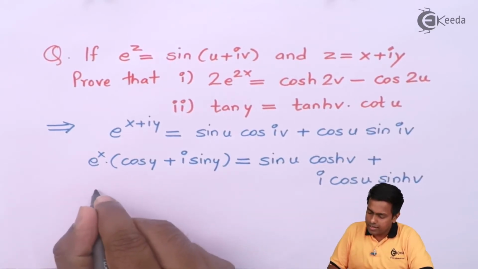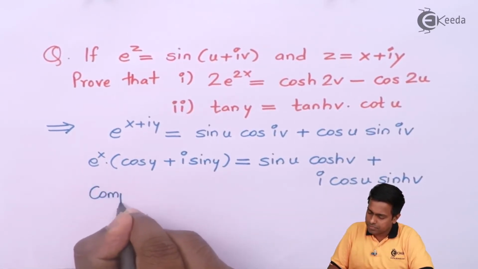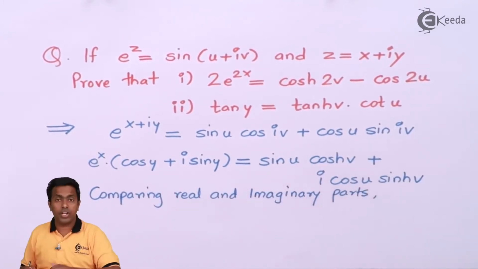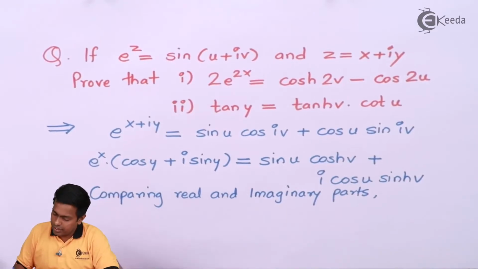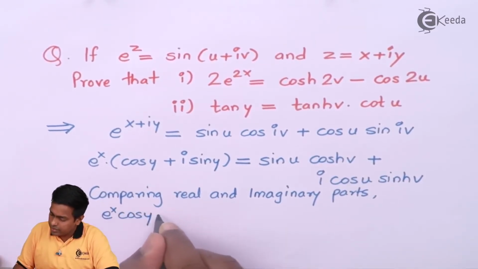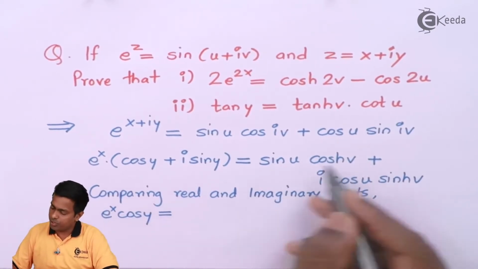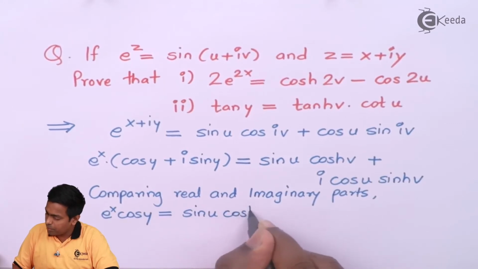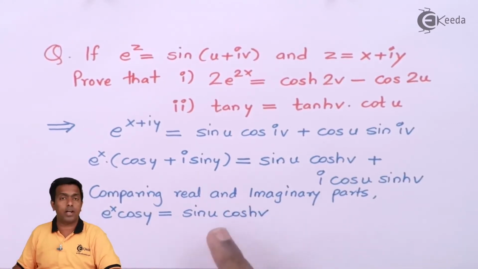So comparing real and imaginary parts, we get e to the power x into cos y, which is the real part, is equal to sin u into cosh v. So this is the real part on the RHS.